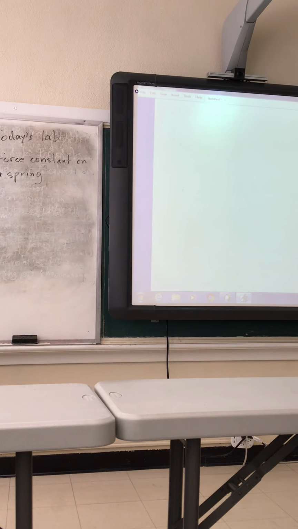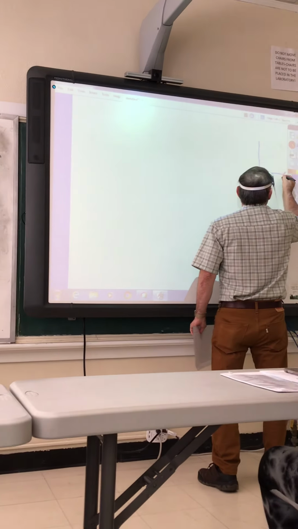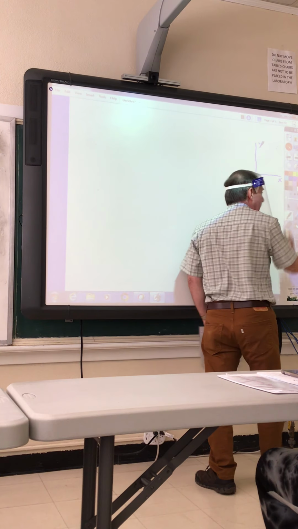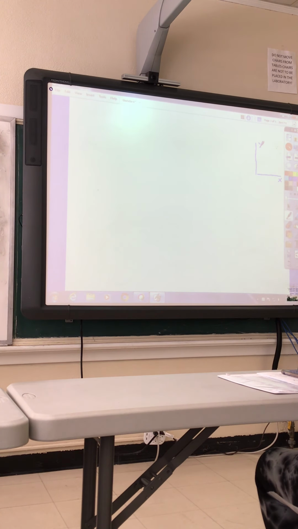So we set up our coordinate system, do it this way. X will be parallel with horizontal. So draw the free body diagram for the bob.